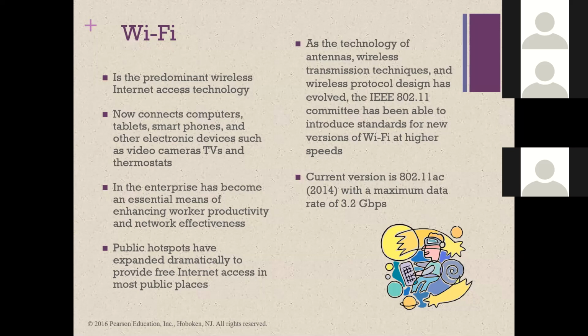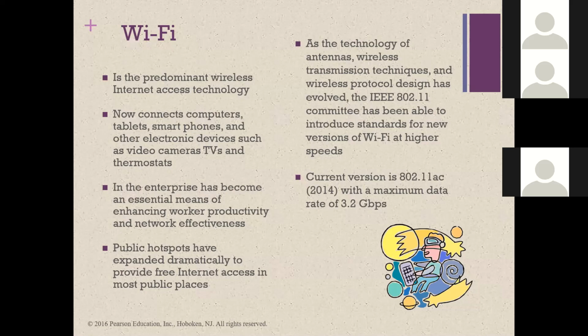Okay, and there's been a lot of variation in terms of generation, and those standards are 802.11. And we have had different variations or generations all the way up to what we have as of 2014, 11AC.